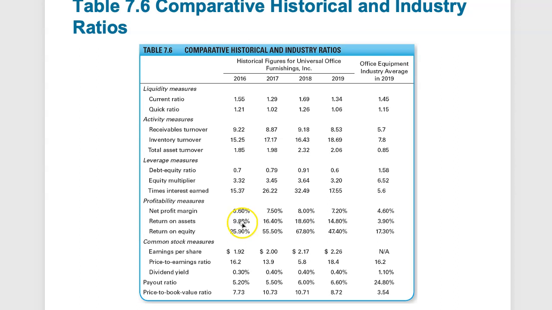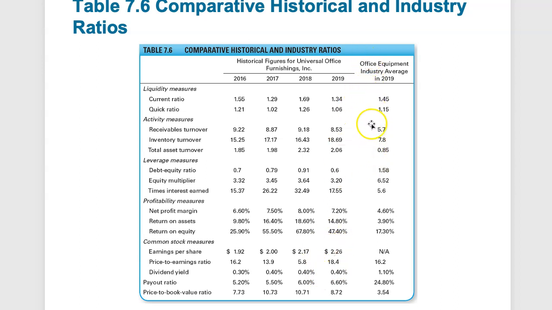Return on assets has improved, and definitely from 2016 to 2018, most variables have been improving. When you look down the scale, earnings per share, payout ratio, price to book, and then in 2019, things take a turn, and some of these ratios start to decline: net profits, return on assets, return on equity, but earnings per share do go up. So there's a story here, basically.